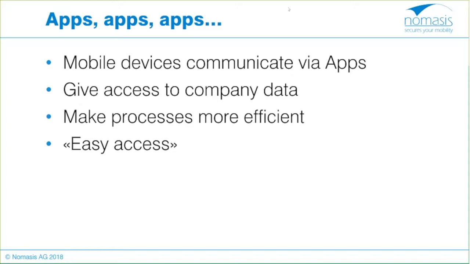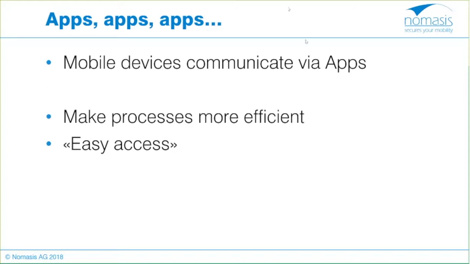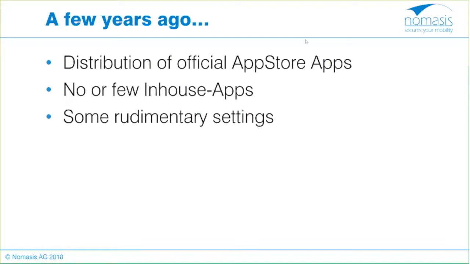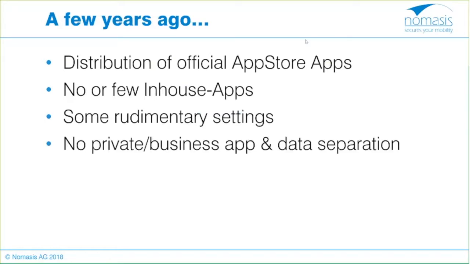Now, a few years ago, if you look at app management in enterprise mobility or MDM, what did we do? We distributed apps out of the official app store. Companies had no or only a few in-house apps. We could do some rudimentary settings, mostly native functionality, where we were able to distribute an app or uninstall the app.